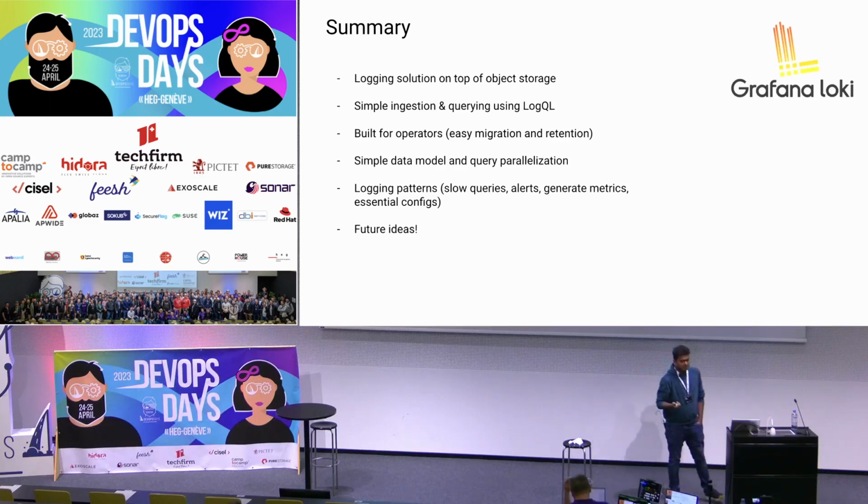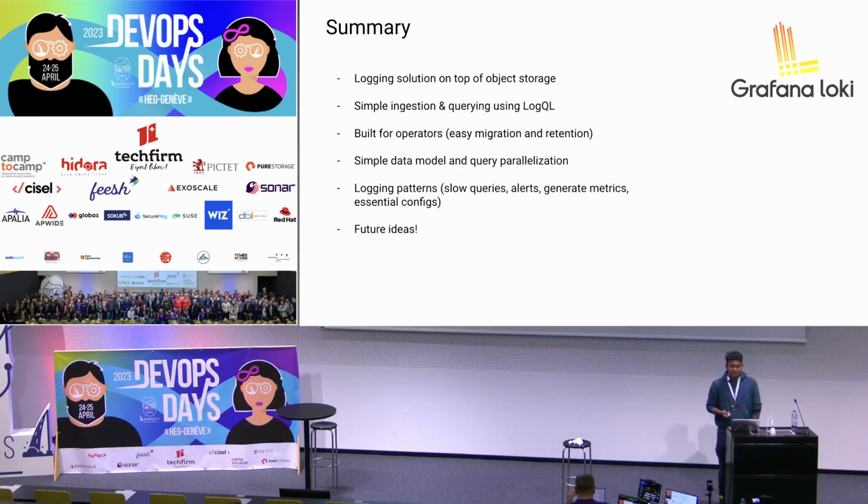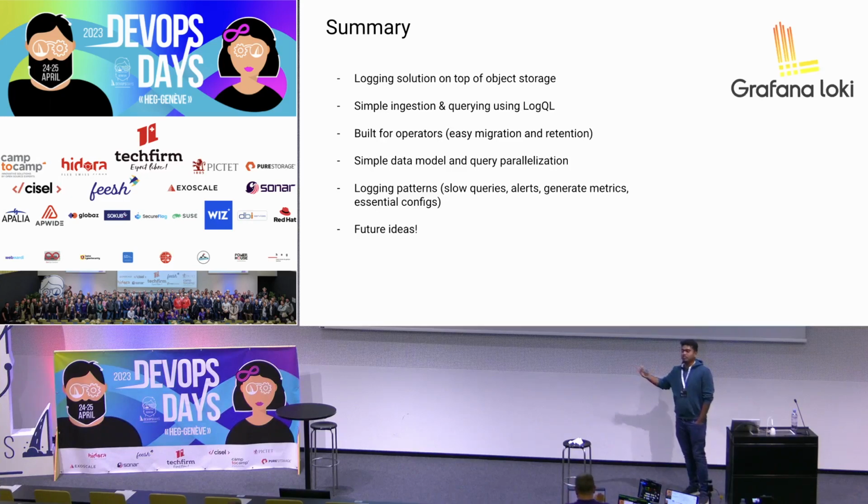It's built for operators, with easy migration and retention. With just two simple tweaks, you don't have to worry about retention anymore. In how it works, we saw the data model, how it's simple, and we deliberately kept the data model simple, which helps in running Loki at scale.